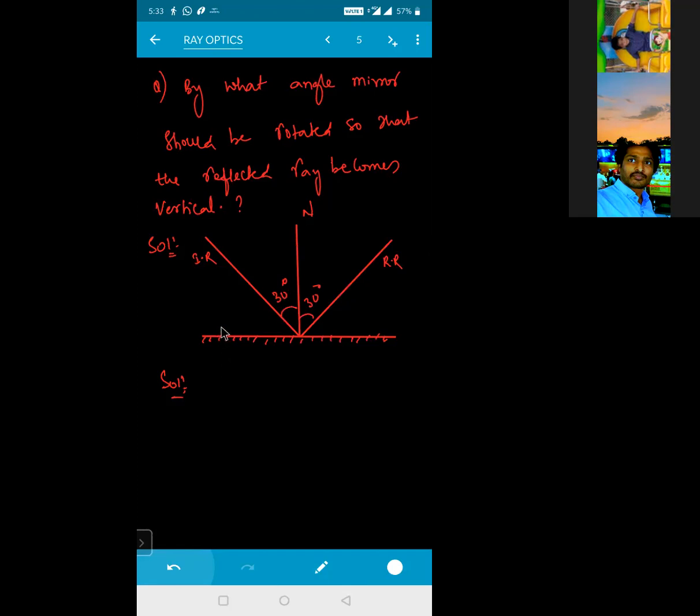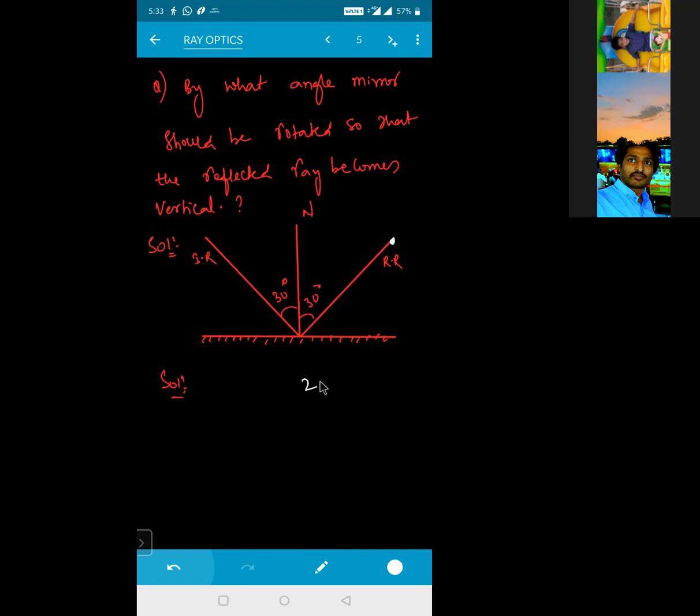So we need to rotate the mirror in which direction? Anti-clockwise. Because the reflected ray has to come to the normal, it should be rotated by how much? 30 degrees. Now, if the mirror is rotated by theta, the reflected ray turns by 2 theta.